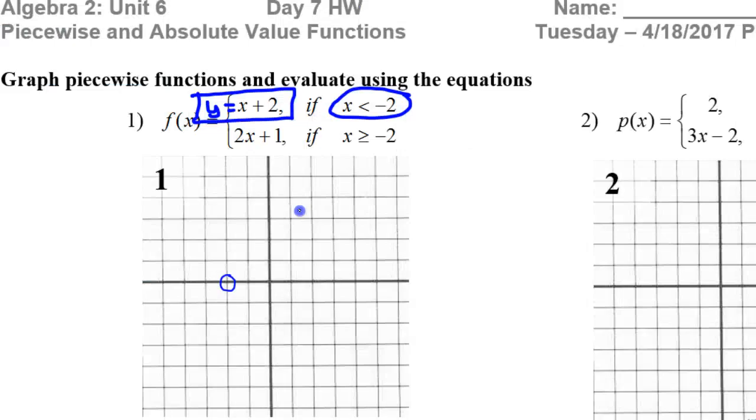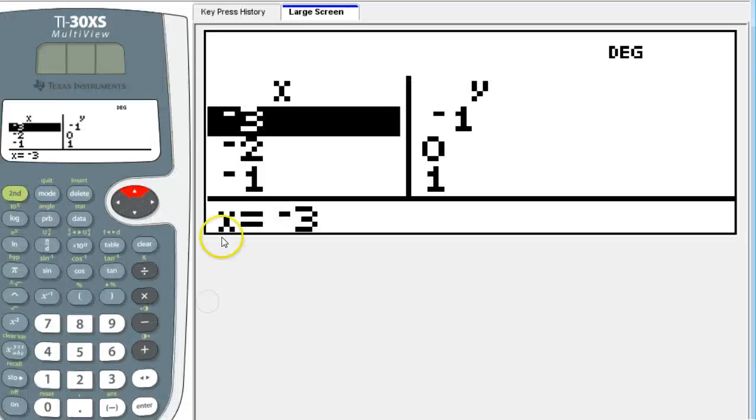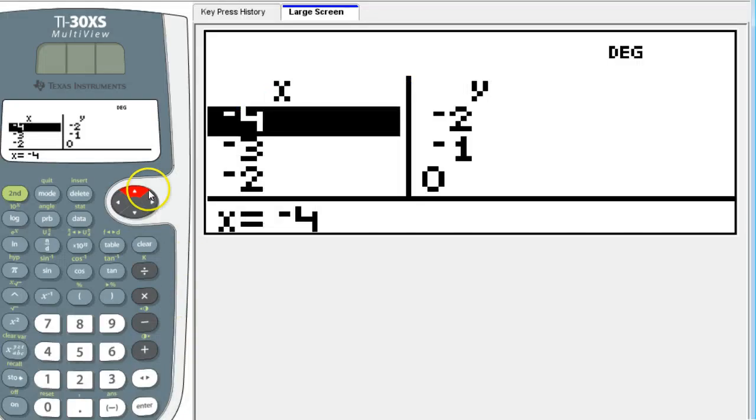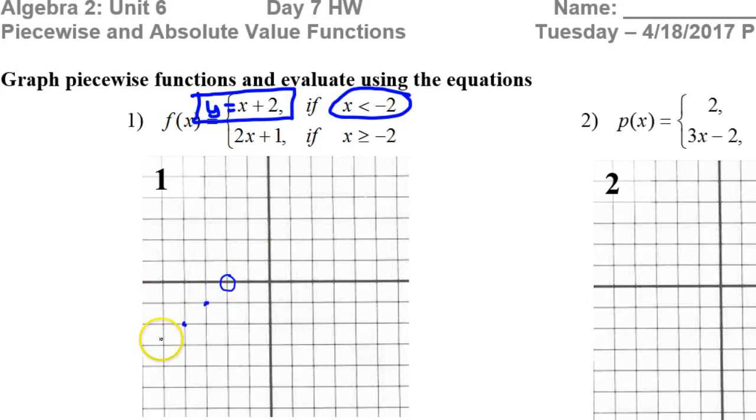So -3 comma -1 would be a point. Let's keep going. -4, -2. And you can see the pattern. What do you want to bet the next one is -5, -3? Well, surprise, surprise. -5, -3. Okay, so we started at this endpoint and we're moving in this direction. So that's what the top piece should look like.